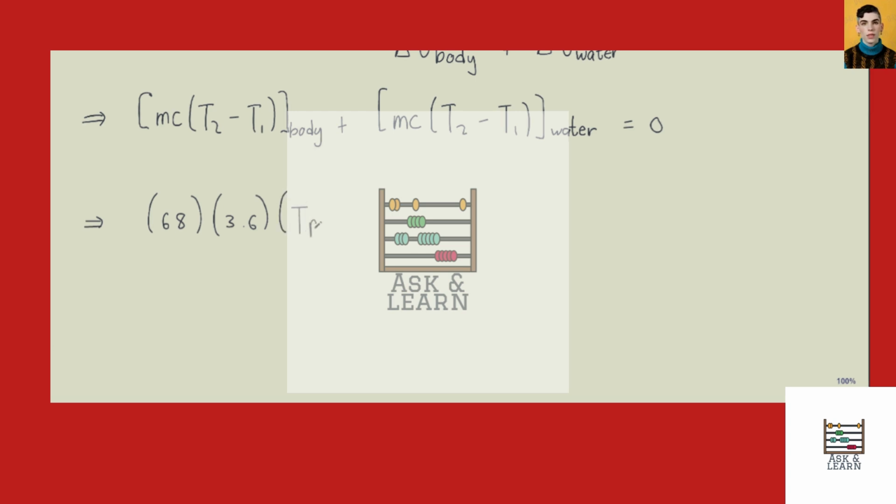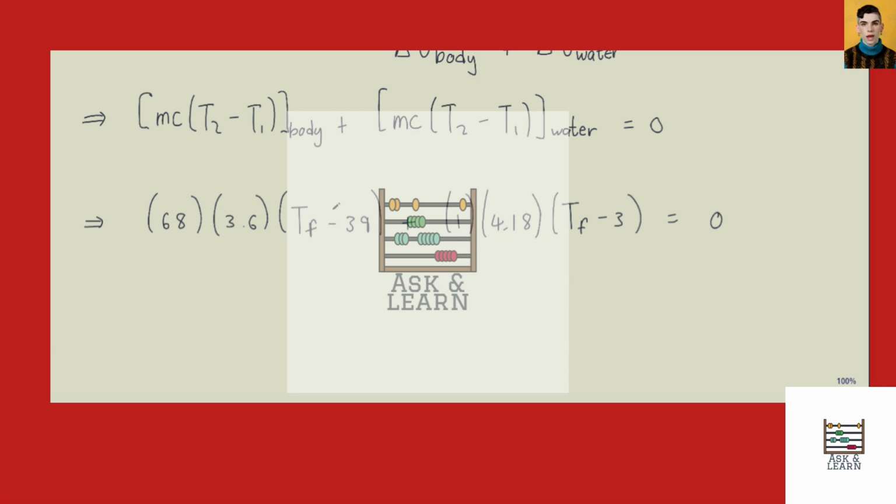Times his final temperature minus his initial temperature, which is 39 degrees Celsius, plus the mass of water, which is 1 kg, times its specific heat, 4.18 kilojoule per kg degree Celsius, times its change in temperature, which is its final temperature, T_F. We're just calling T2 T_F now, minus its initial temperature of 3 degrees Celsius. And this is equal to 0.